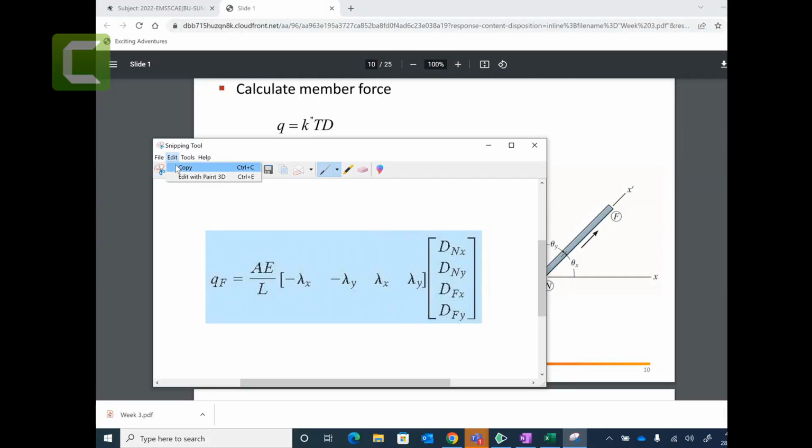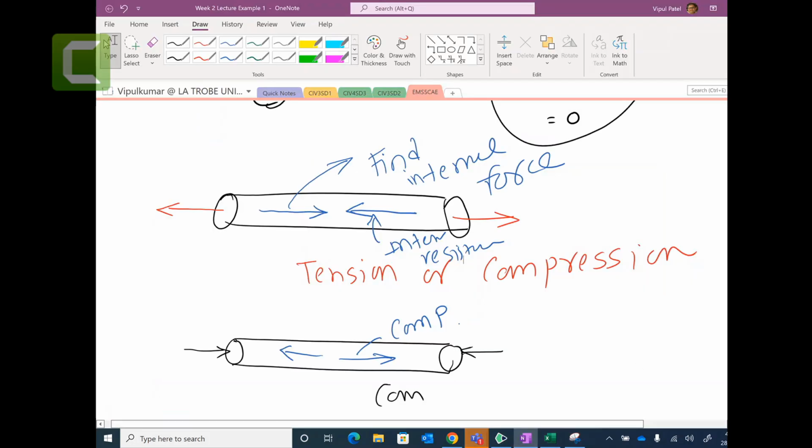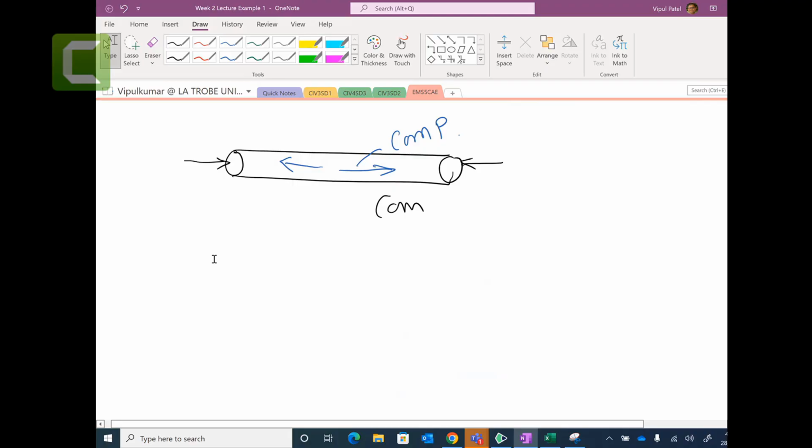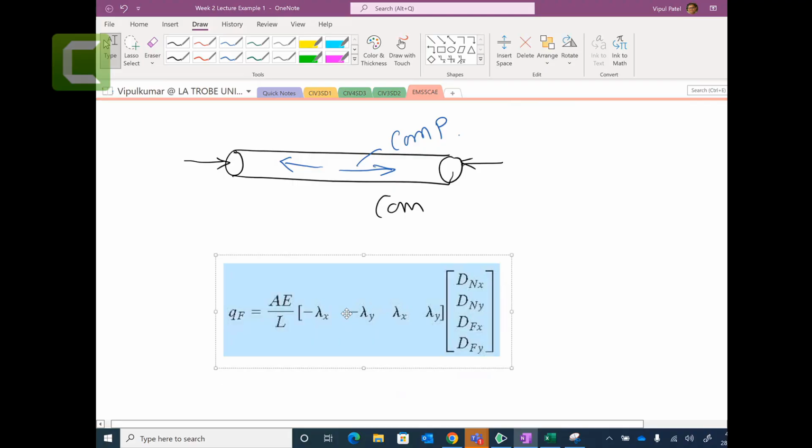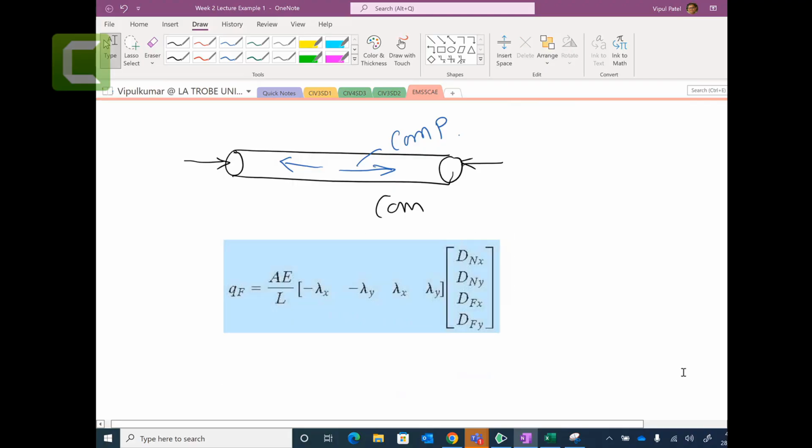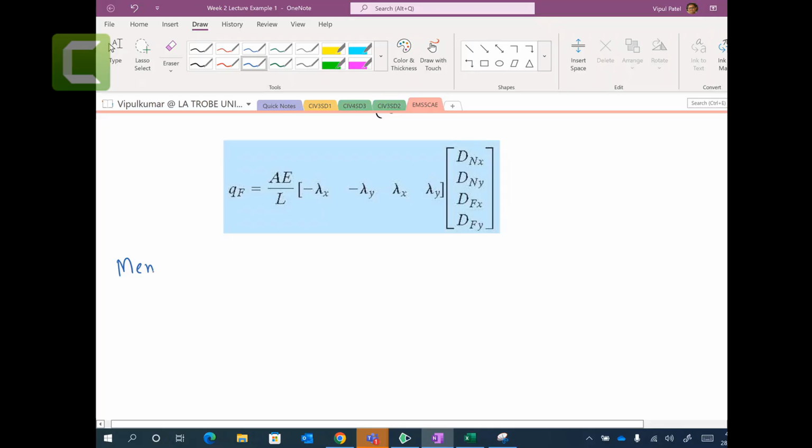So this is the equation that we're going to use to find the internal axial forces. So let's say we will do member number one. And how do we know where member number one is? Let me go back.